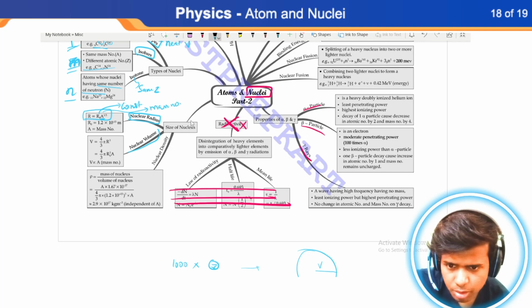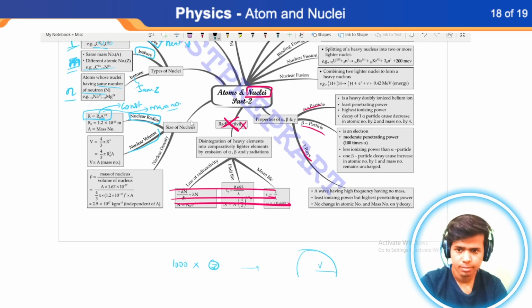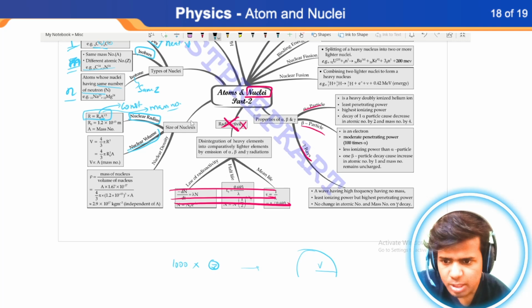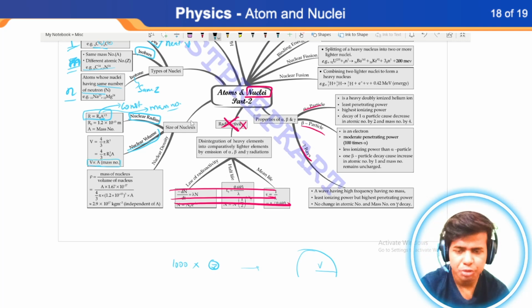Mass number, total mass in atomic units. Volume is dependent on the mass number, because the more protons and neutrons, the more the volume.